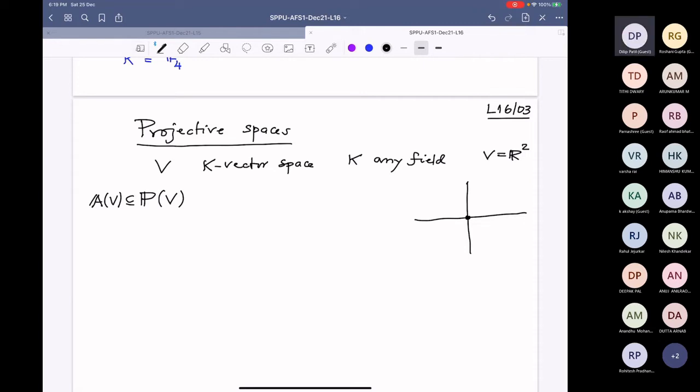All right, now here, if I take two lines which are parallel, they don't meet anywhere. That is the definition of parallel lines or parallel affine subspaces in general. So it will be nice if they meet somewhere at a unique point, because we know if the lines are not parallel, they meet exactly at one point if they are different lines.